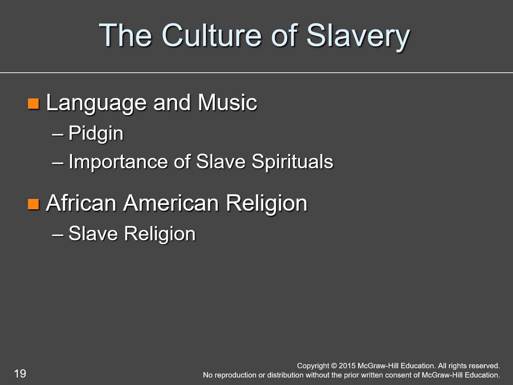And their religion tended to blend some African rituals into Christianity. Okay, and I think you see this with, well, immigrants, although slaves aren't immigrants, but it's a phenomenon that you tend to see when you get cultures mixing.